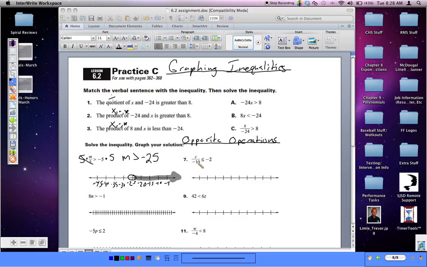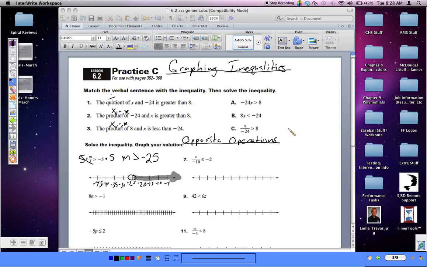Now, when we go over and we look at number 7, number 7 has something different taking place. What is taking place on number 7 is that there is a negative number attached on the same side as my variable. So when we move this negative number, there's an extra step that happens.